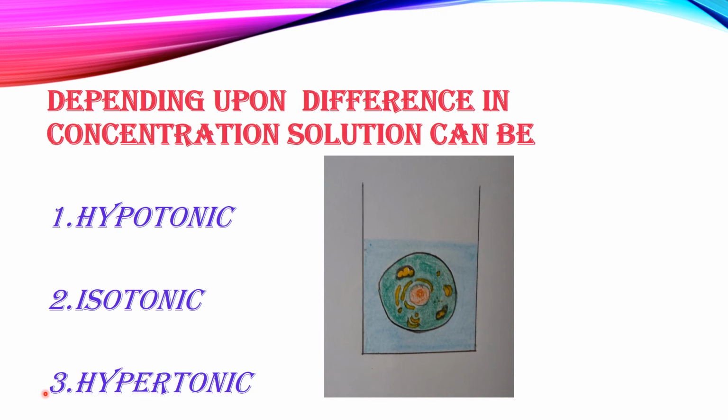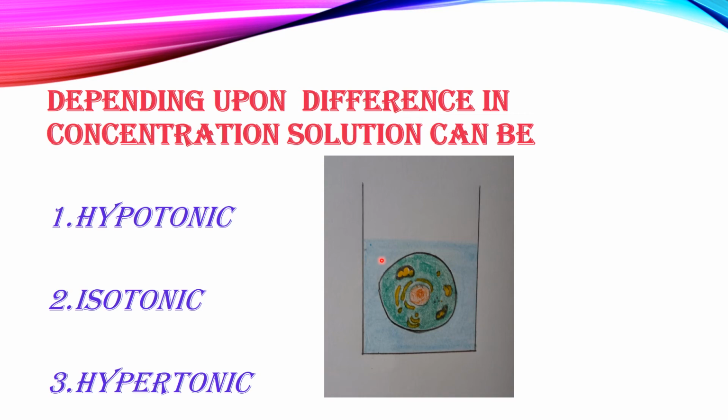Now, what happens when we keep the cell in a hypertonic solution? Now, what is a hypertonic solution? When the concentration of water is less in the solution as compared to the concentration of water inside the cell, the solution is known as a hypertonic solution.